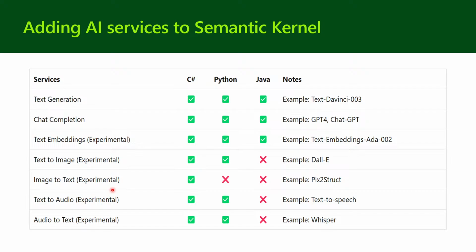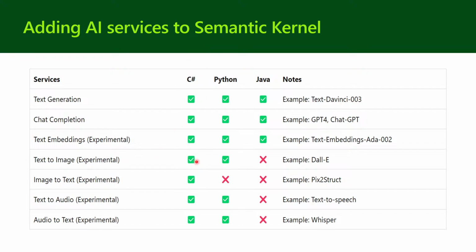As I told you, one of the main features of the semantic kernel is its ability to add different AI services to the kernel without complex development. It supports different services out of the box: text generation, chat completion, text embedding, image to text, text to image, and so on and so forth.